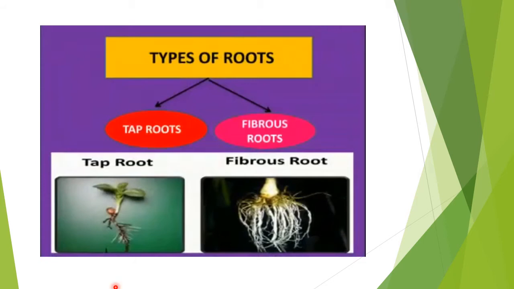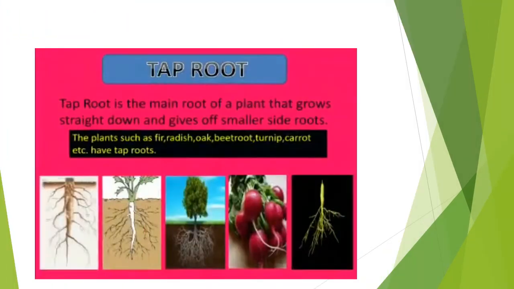Now, there are two types of roots. One is the tap root and one is fibrous roots. This is the picture of a tap root and this is the picture of a fibrous root. Now, what is a tap root?